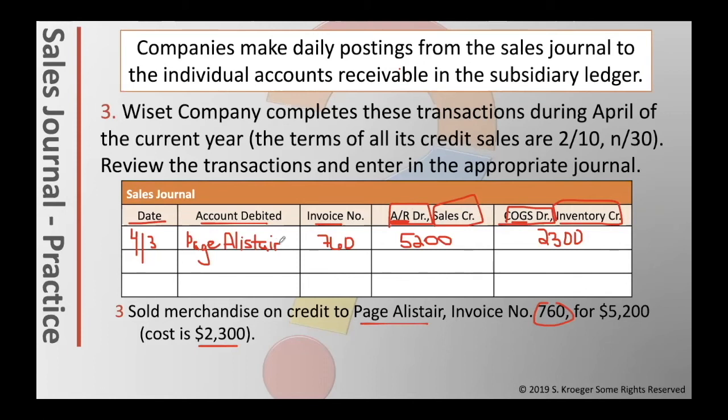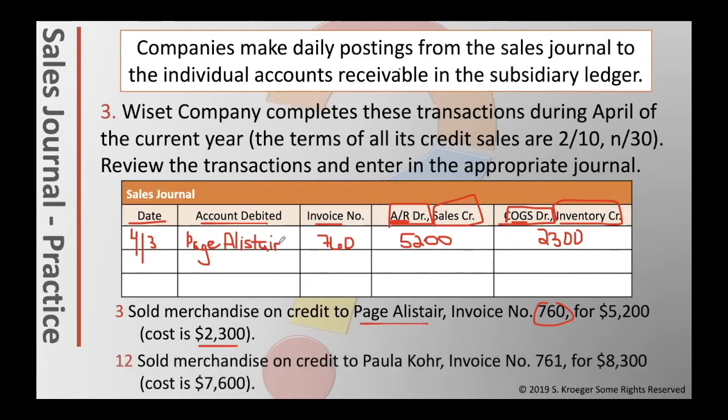The next entry we'd have for the sales journal was from the 12th. Sold merchandise on credit to Paula Core, invoice 761 for 8,300. The cost is 7,600. We're going to be filling this in exactly the same way for the 12th. Invoice number 761.